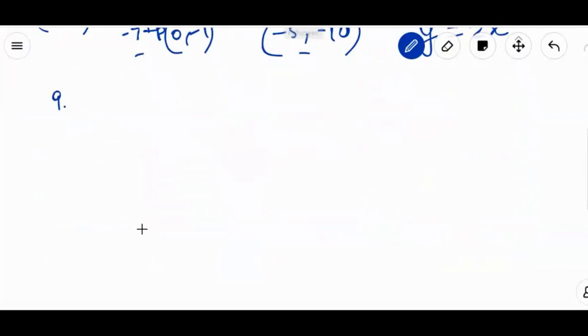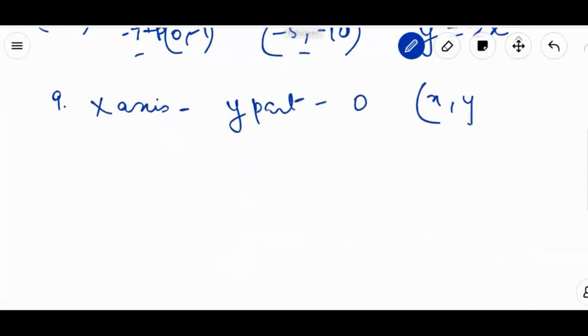So on the graph paper, when you plot, they are saying how many points are there on the x-axis. Which points you got on the x-axis? You can look at the points and decide. Any point which is on x-axis, which part is 0 here? The y part. Y part has to be 0. So in a point you have the coordinates as x comma y. Y part has to be 0. That means the point lies on x-axis.